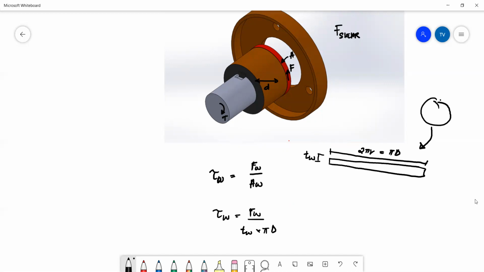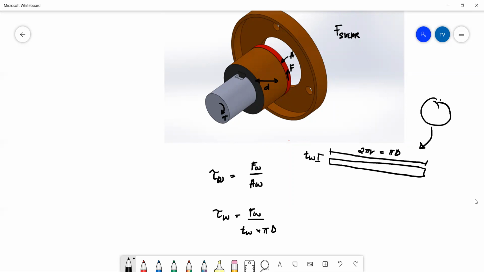This is diameter of what? What diameter is this? This diameter is the diameter of our boss, or of our hub.